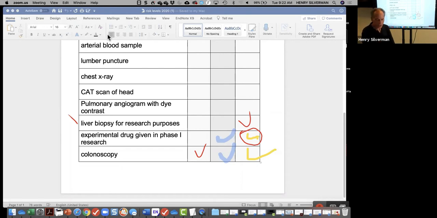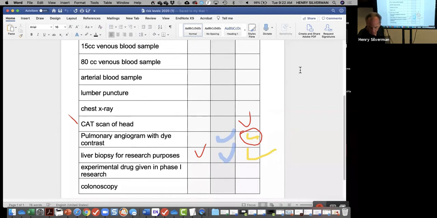Which of these procedures are considered part of a routine physical exam? You go in and you have an annual checkup, or you come in and you have some minor symptoms. Which of these procedures are considered part of routine examinations?